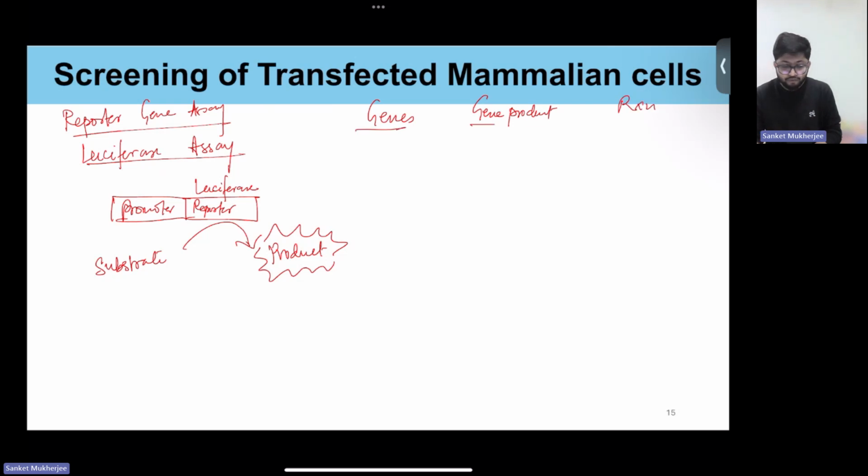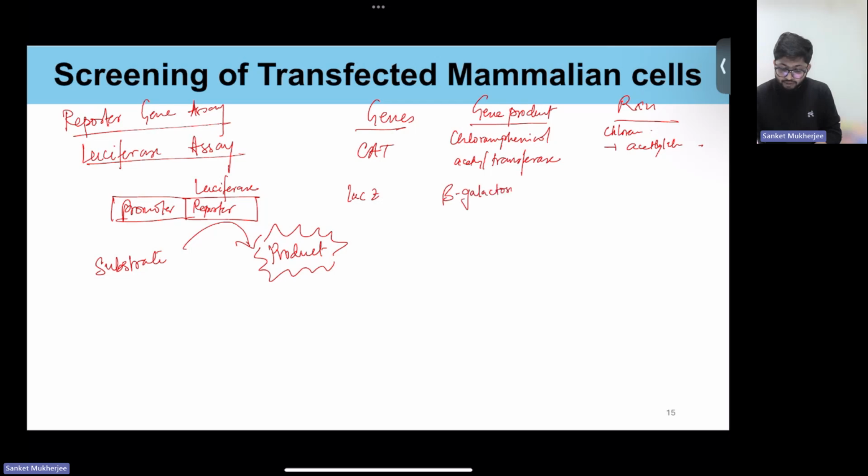So the genes are, for example, the gene CAT is chloramphenicol acetyl transferase. The reaction catalyzed is from chloramphenicol to acetyl chloramphenicol. Okay. Similarly, LacZ codes for beta galactosidase.